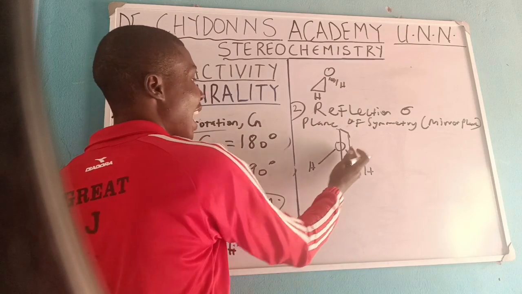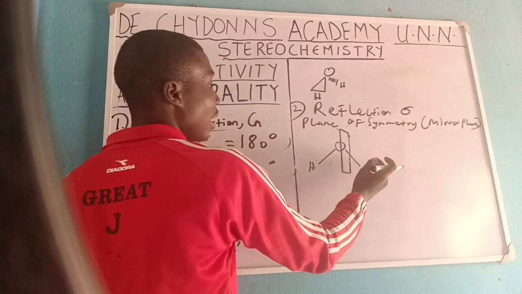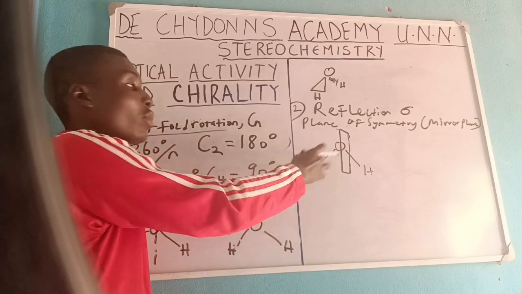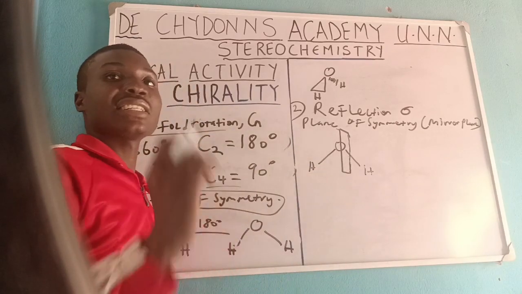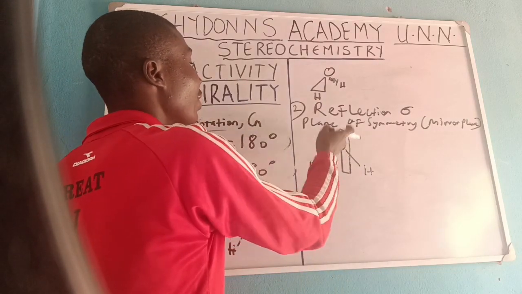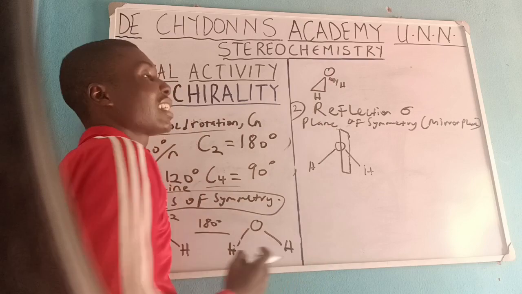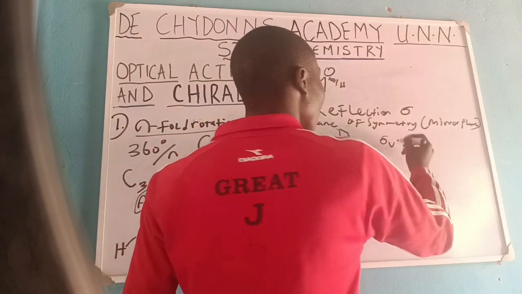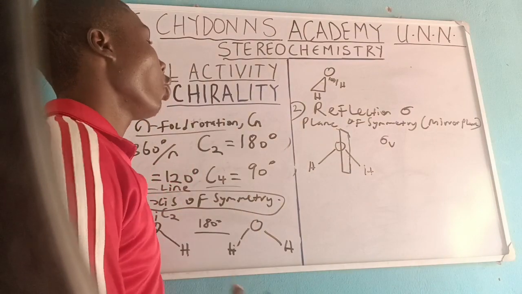You find that this side of the molecule, that's the H here, is the same thing as this side of the molecule. So since these two mirror images are the same, you can simply say that water has a plane of symmetry. Now, from what you are seeing, you can already see that water has a vertical plane of symmetry. Usually, we can represent that as sigma V, a vertical plane of symmetry.